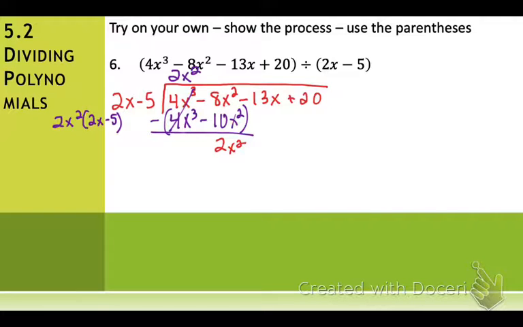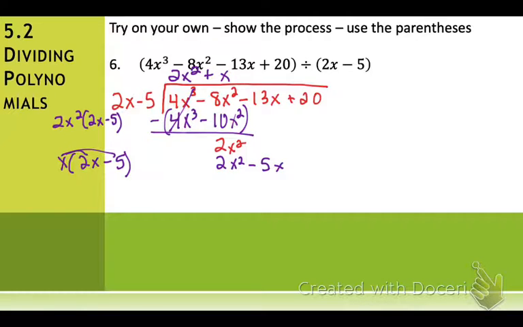Start again. 2x goes into 2x squared. Positive x times. Take that positive x, times it by the 2x minus 5, excuse me. 2x squared minus 5x.